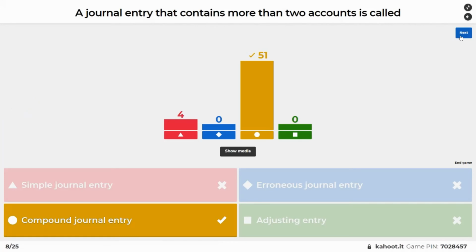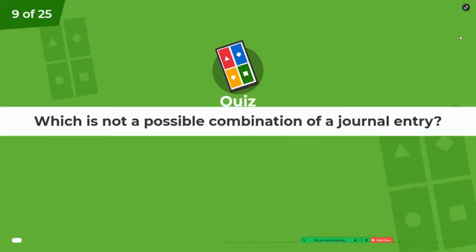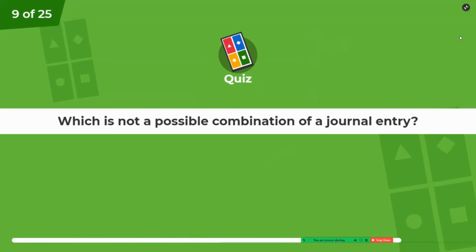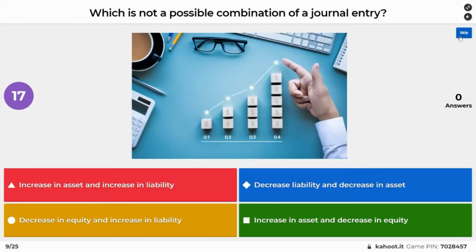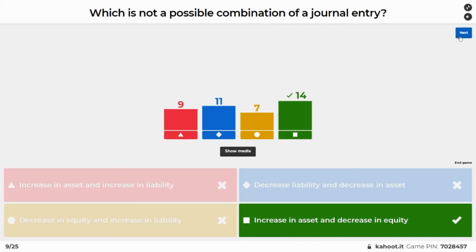So it's a compound journal entry, which is not a possible combination of a journal entry. Not a possible. Okay, mukhang napaisip dito, no? So, ang daming ano.